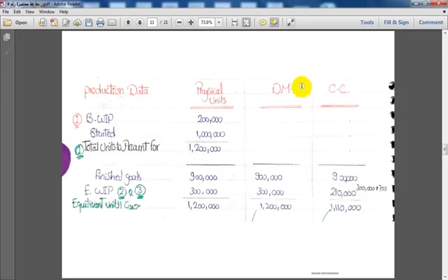Step 3, we add the cost elements, direct material and conversion cost. In the weighted average method, we assume that units started and completed are combined with beginning work in process.